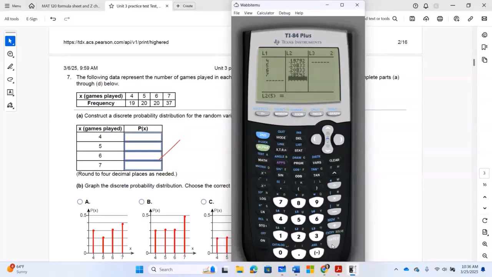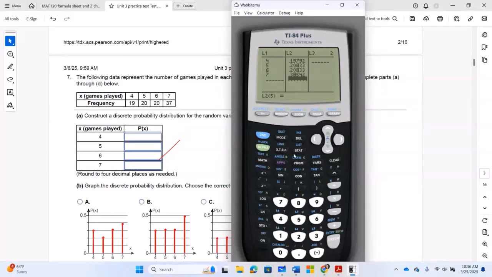So when I hit enter, that is what I have. That is all the probabilities. If I add them up, I should be getting 1, but I don't need to add them up. Okay, so I'm told to find the mean of this probability distribution and standard deviation.